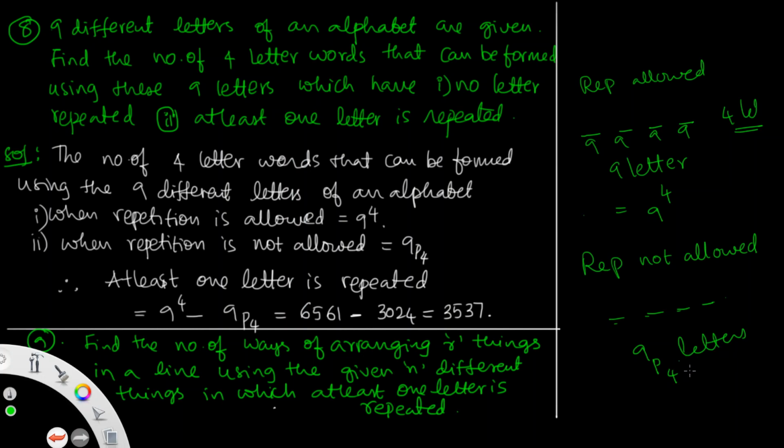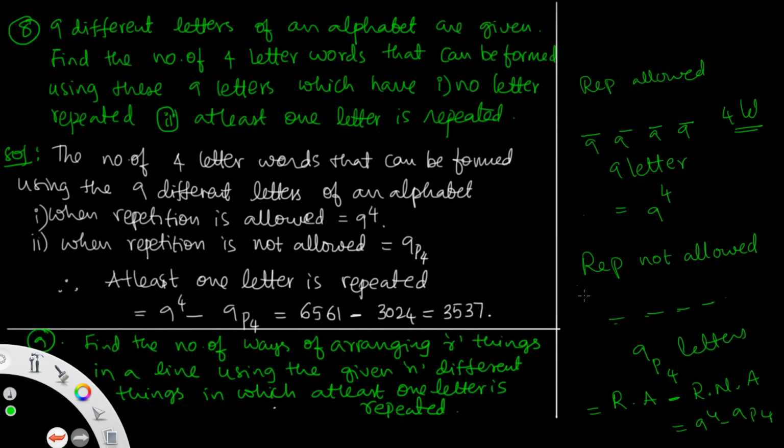In total, at least one letter is repeated means repetitions allowed minus repetitions not allowed. That is 9 power 4 minus 9P4. That value is 6561 minus 3024, that is 3537 numbers in which at least one letter is repeated.